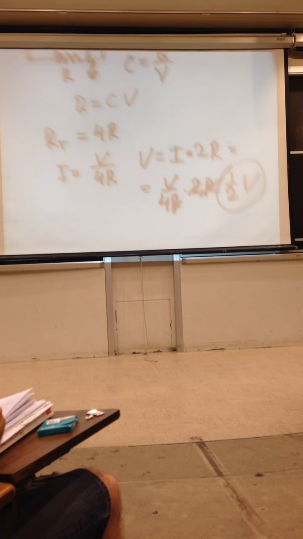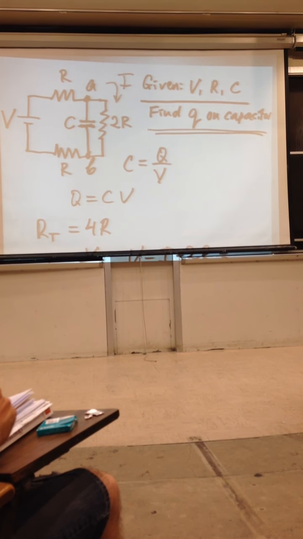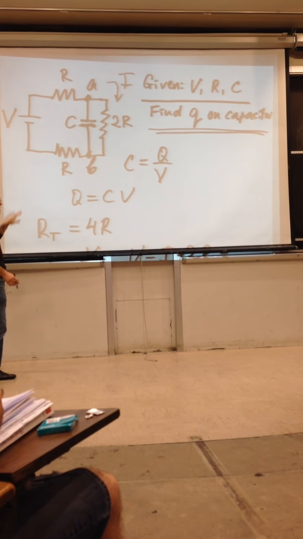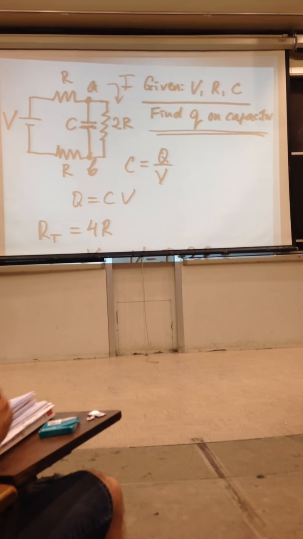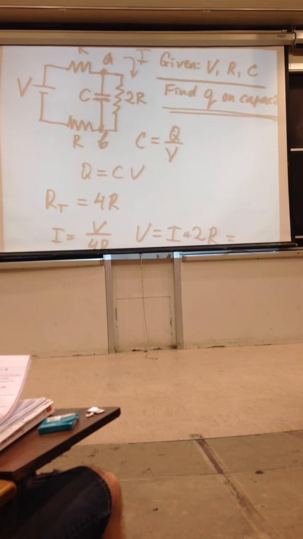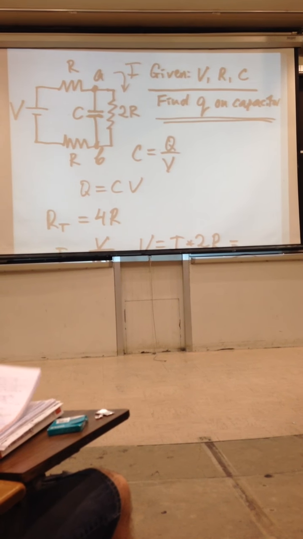Okay, it turns out in this situation, when the relative values of R are this way, this is 2 times more than this, then that resistor gets 1/2 of the total voltage. So that's the same voltage as on the capacitor.